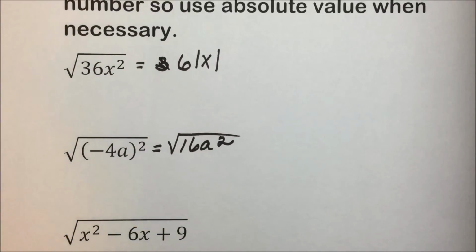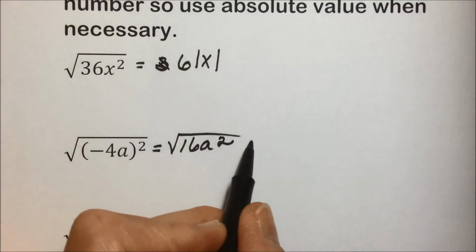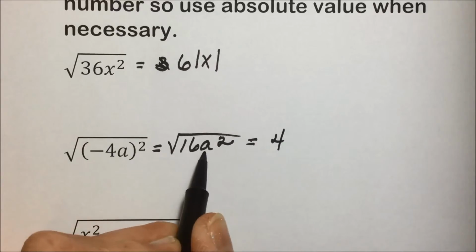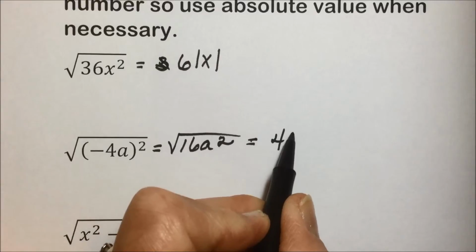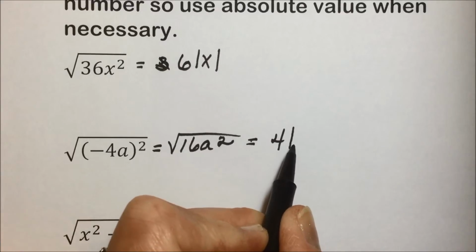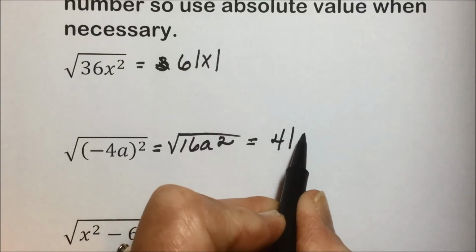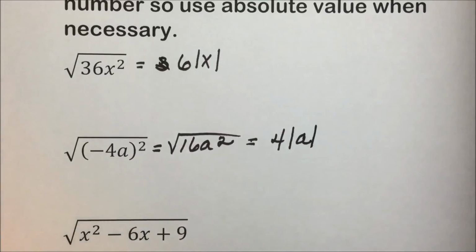And when we are looking for the square root, we always want the non-negative square root of that number. The square root of 16, as we see, is 4, and of a squared would be a. And to ensure again that we have the principal square root, we'll include absolute values around the variable. So 4 times the absolute value of a.